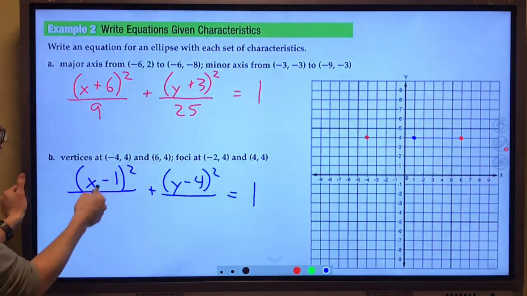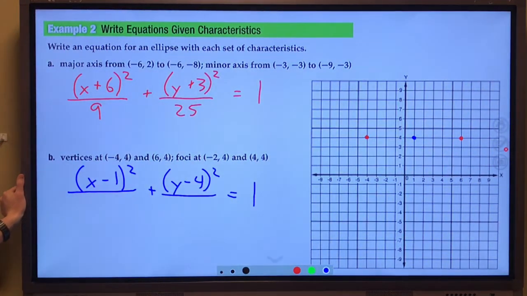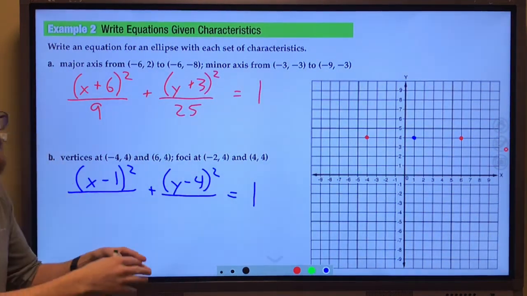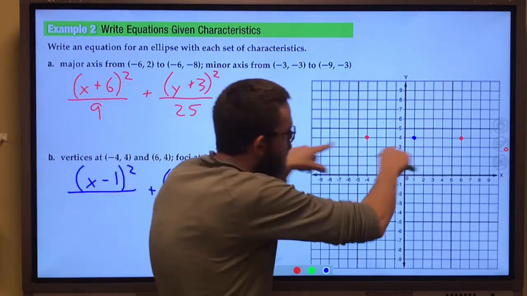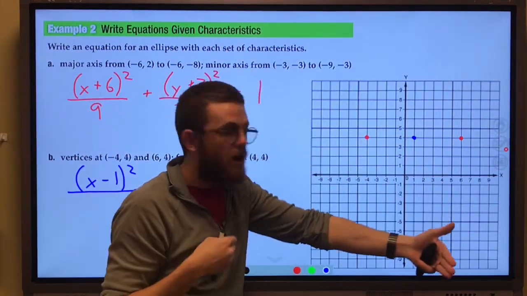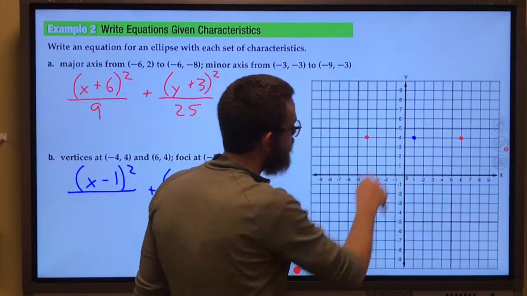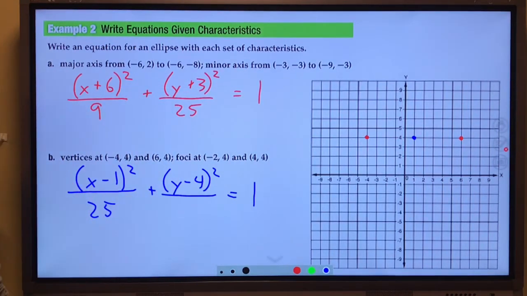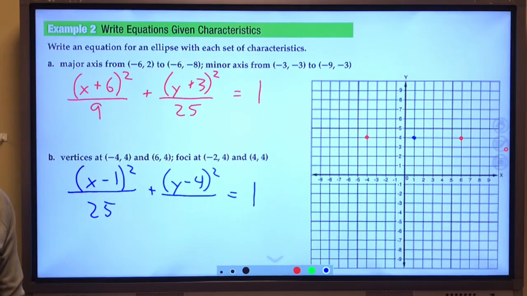Well, my a value is definitely going to affect my x. How do I know it's going to affect my x? Because I know that vertices were the endpoints of my major axis, and my major axis is horizontal. It's affecting x values. And my a value is 5, so I'm going to put a 25 up underneath that term with x.